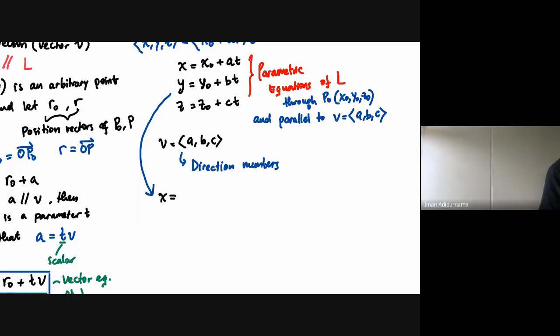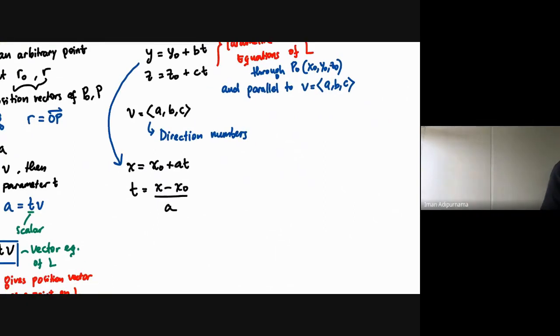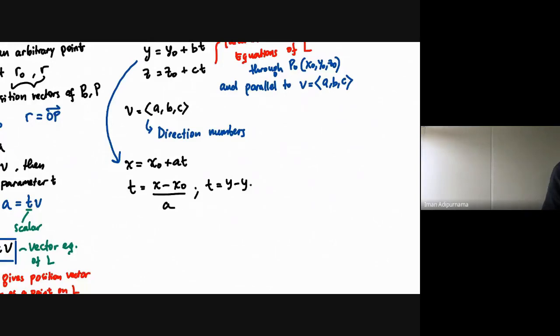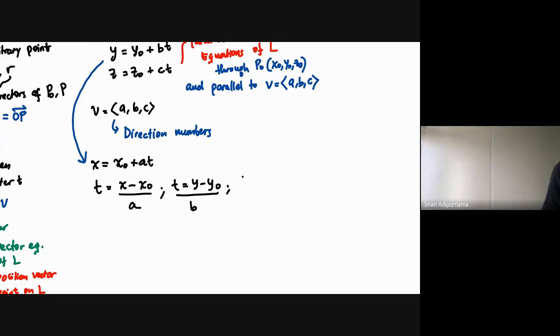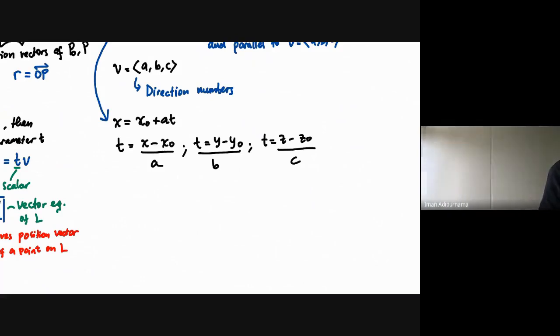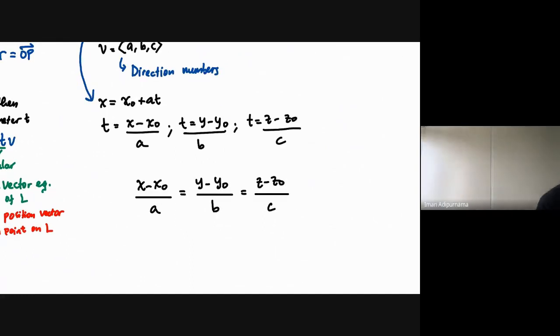Let's start from x, and we have also y, and also z. Now, because all have the same t, we can also write this in terms of these equations. This is called the symmetric equations.